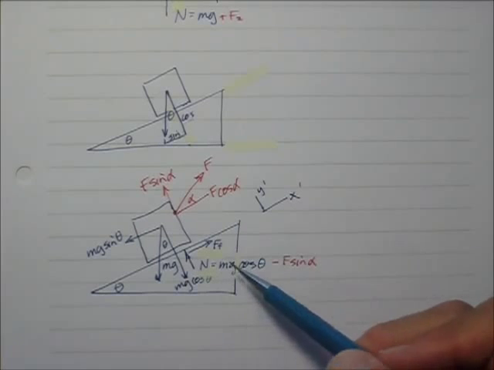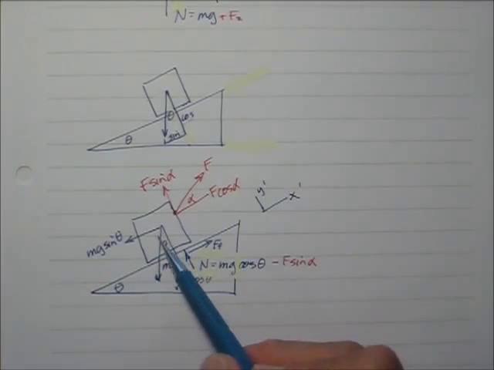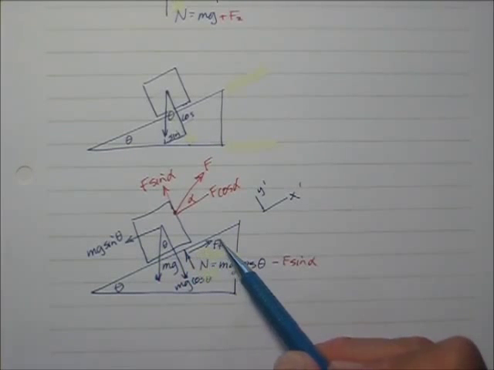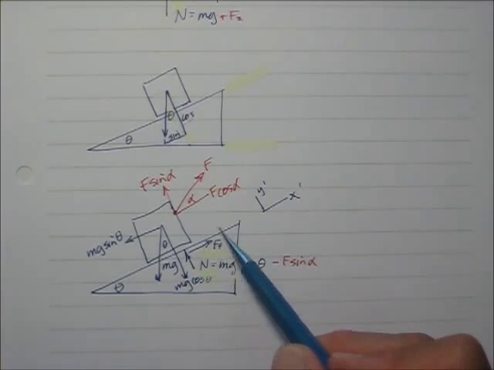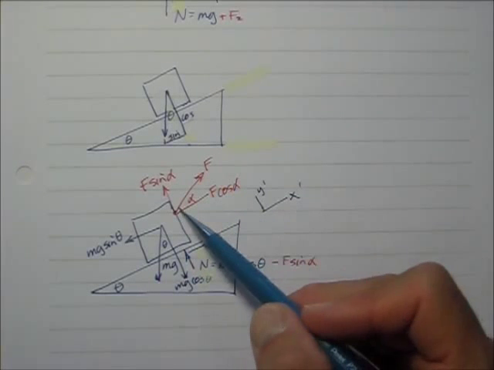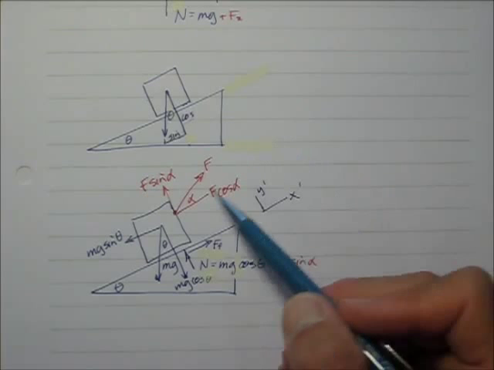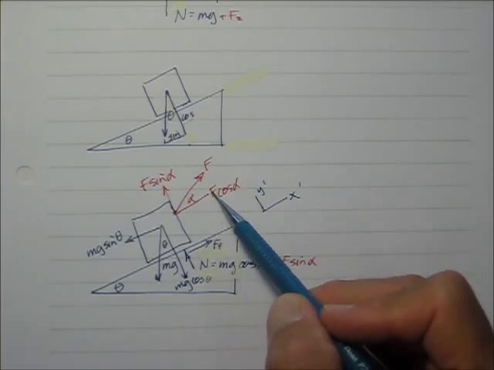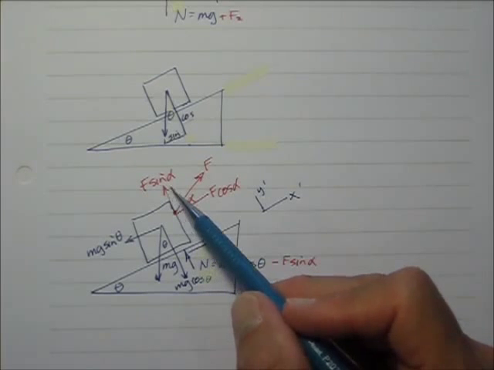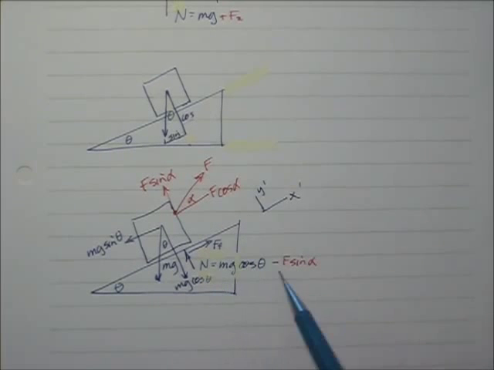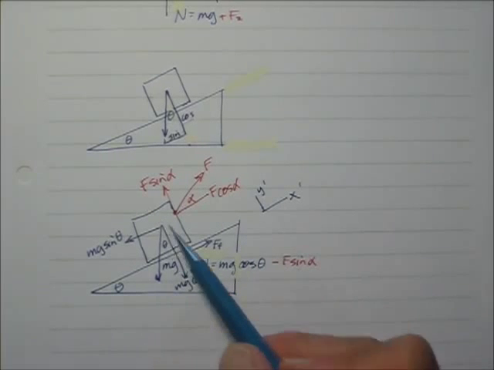Then we may have some other complications. If it's sliding down this way, obviously the force of friction would be resisting the motion there. But if we add another force, let's say we add another force here at some angle alpha, it's going to have a cosine component and a sine component, and the sine component is going to reduce the normal force. It's lifting up the normal force.